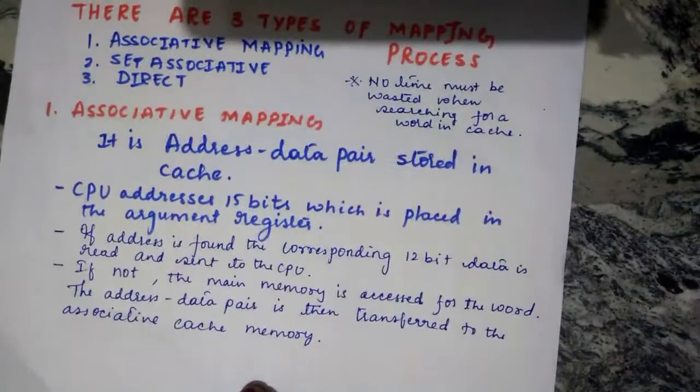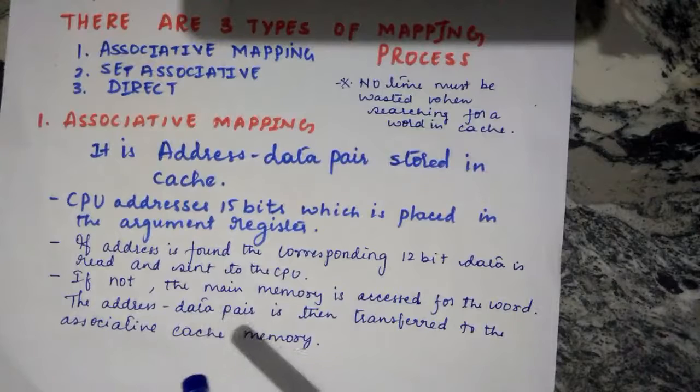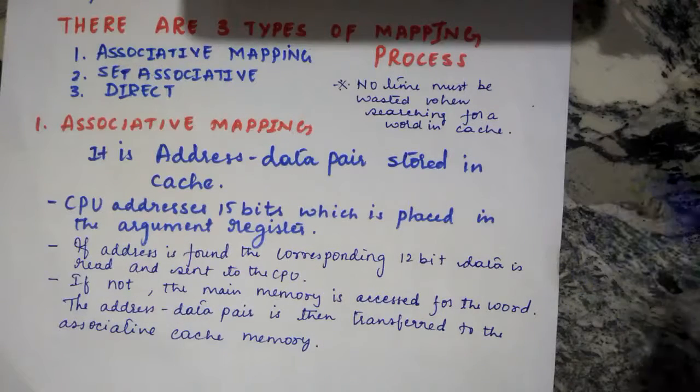If no match occurs, then the main memory is accessed for the word. The address-data pair is then transferred to the associative cache memory.